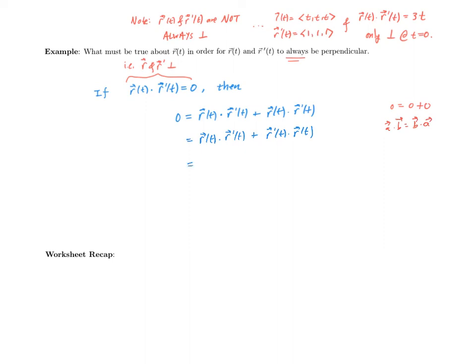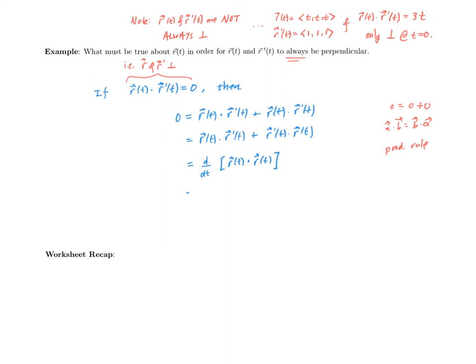Now if we compare this with our formulas on that previous page, this looks an awful lot like a product rule: the first times the derivative of the second plus the derivative of the first times the second, where the first and the second function happen to be the same thing, r dotted with r. So, using the product rule.